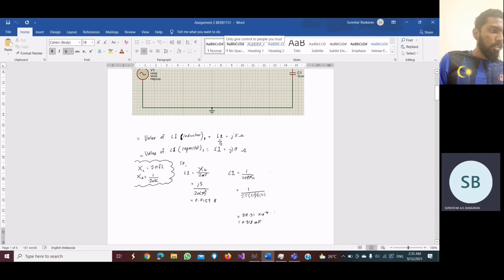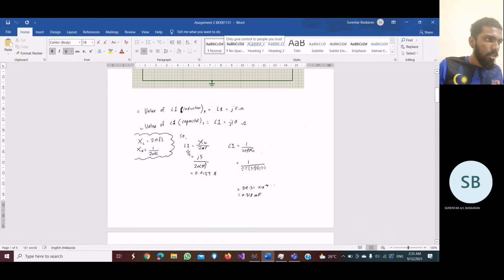The actual value given for L1 is J5 ohm, and for C1 is negative J10 ohm. To find them, XL equals 2 pi FL, and XC equals 1 over 2 pi FC.